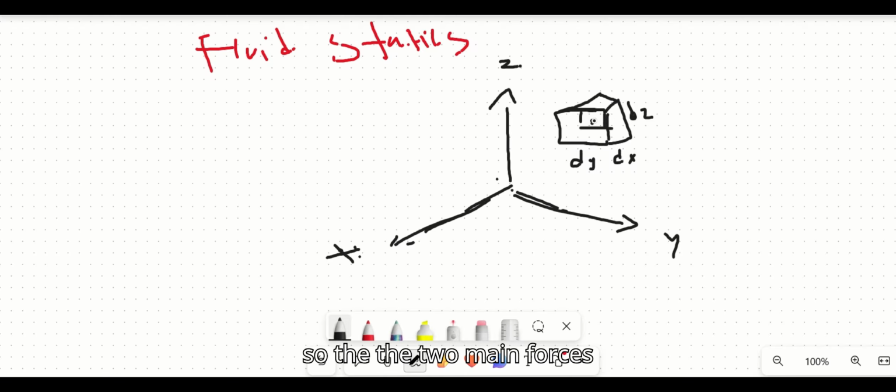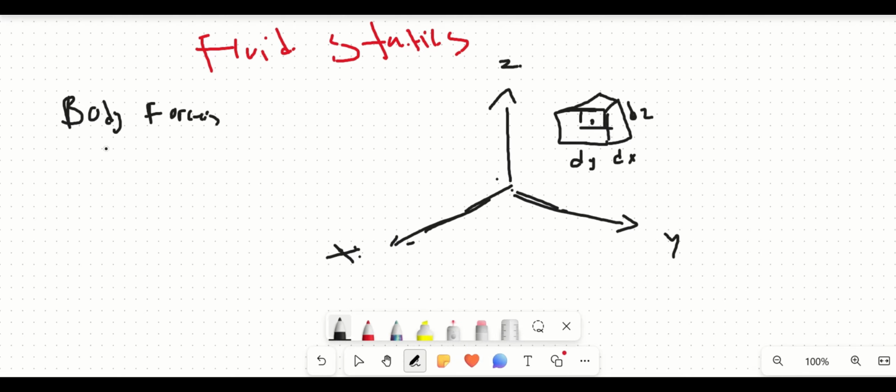And so the two main forces we have acting are body forces and surface forces.